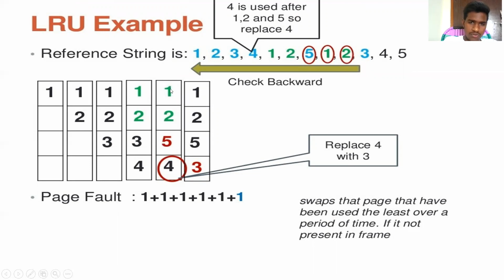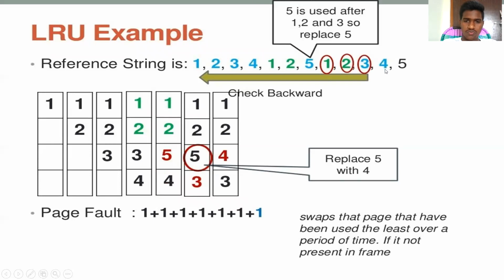Here you can see, compare: 1 is recently used, 2 is recently used, 5 is also recently used, but comparing with these 1, 2, 5, 4 is used a very long time ago. So least recently used is 4. So we have to replace this 3 value with this 4.